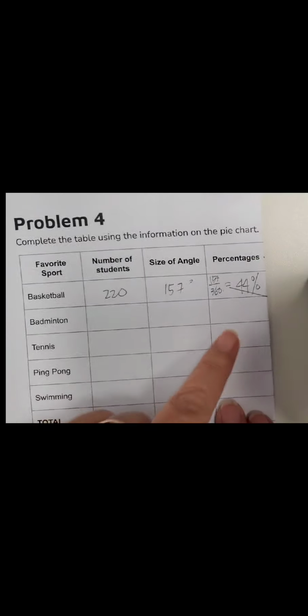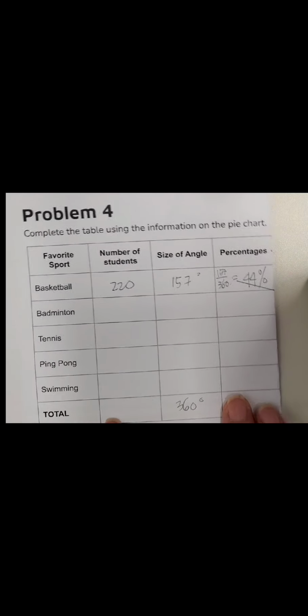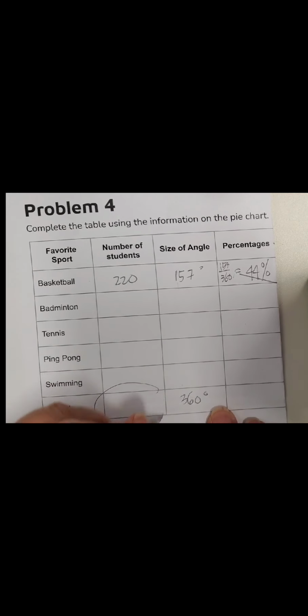Round to the nearest unit is 44%. Now how can we use 44% to calculate for the total number of students? Use our formula. Percentage times the original quantity gives you the new quantity.